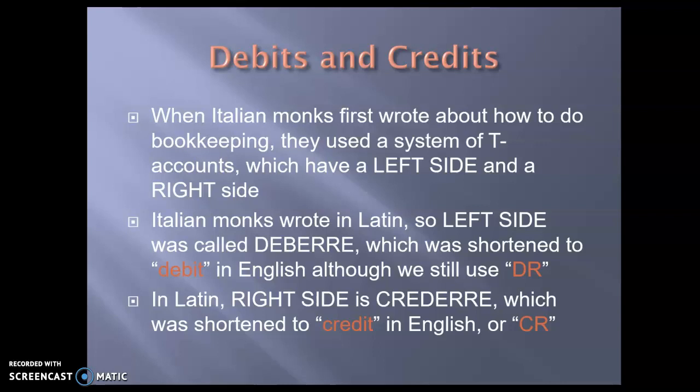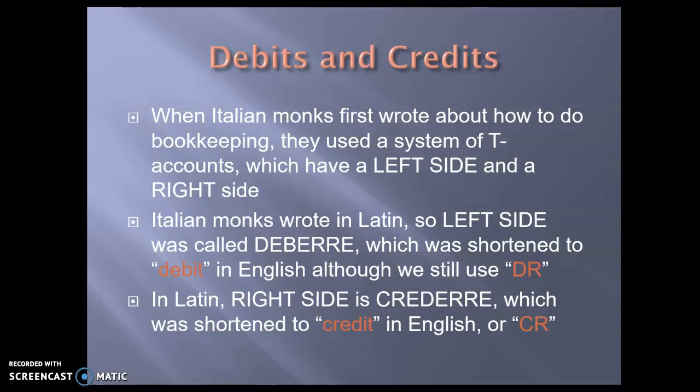And back in Latin that they wrote about how to do this, left side, the word in Latin is debere, and right side is credere. And then later on, debere got shortened to debit in English, and credere got shortened to credit in English. But they still just mean left side and right side.